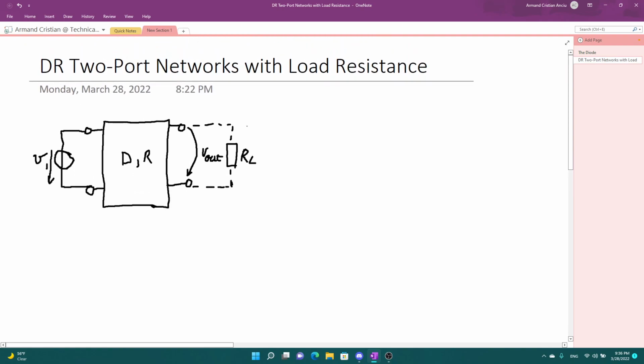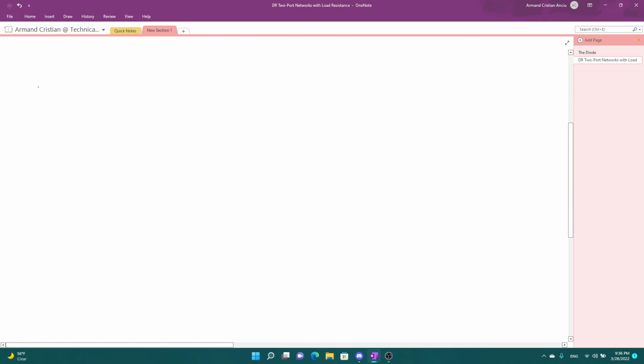Generally, we don't work with a load resistor when it comes to DR circuits, because this load resistor is most of the time considered to be a drawback, and we'll see why this is. So let's draw a DR two-port network.